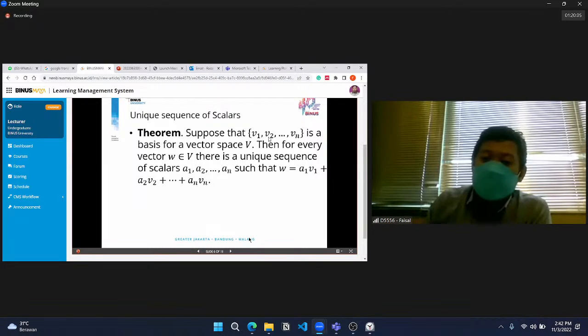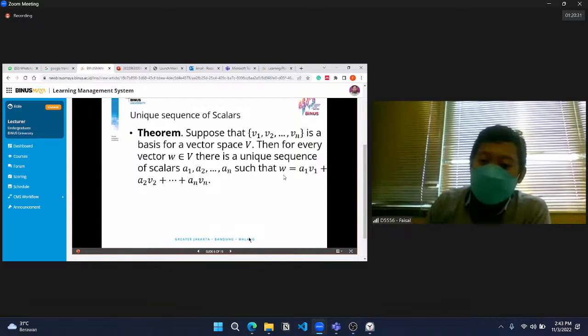So suppose that P1 until Pn is a basis, then we know that every vector is a linear combination of the basis.